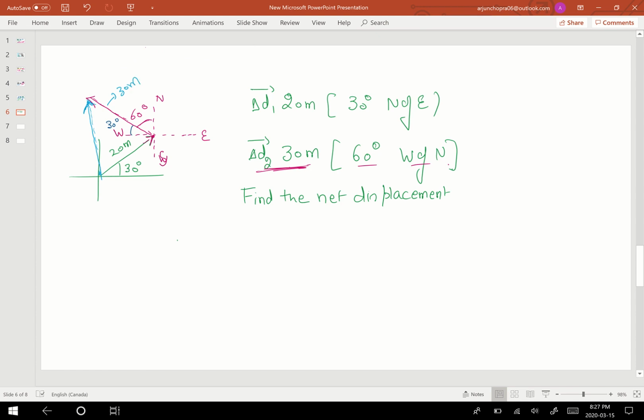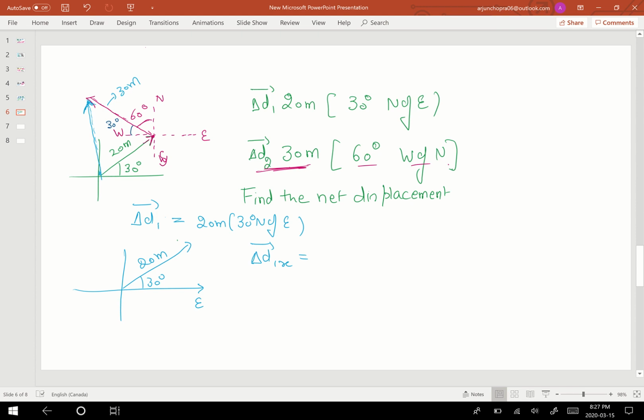How can I solve this question? First of all, I'm going to draw the d1 vector on the navigation system, which is 20 meters 30 degrees north of east. And if I draw it, this is 20 meters at an angle of 30 degrees north of east. Can I find d1x?